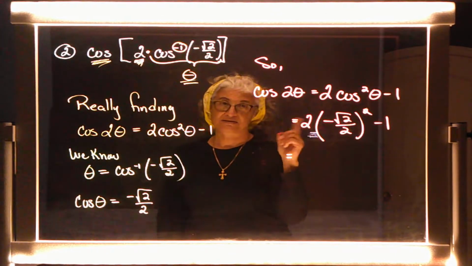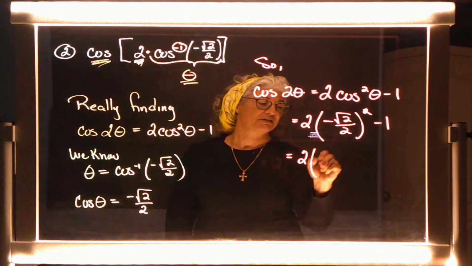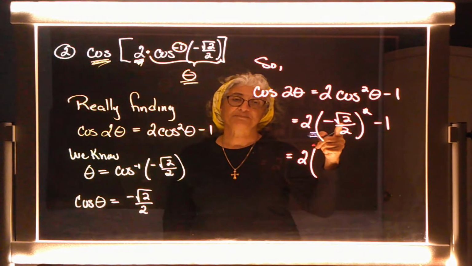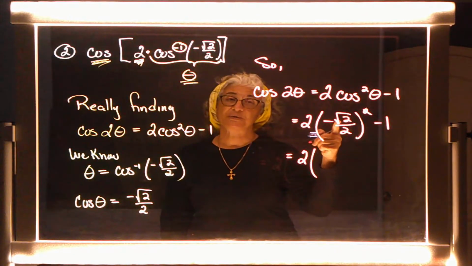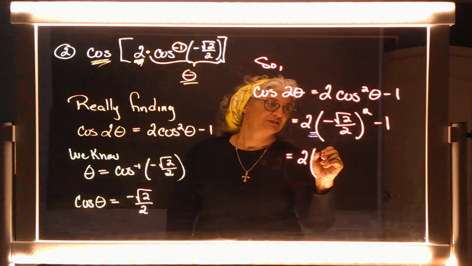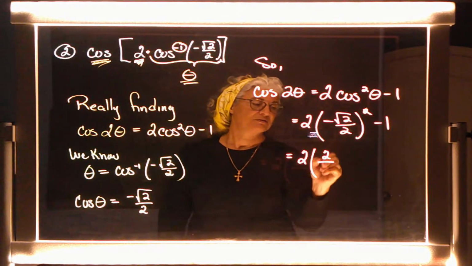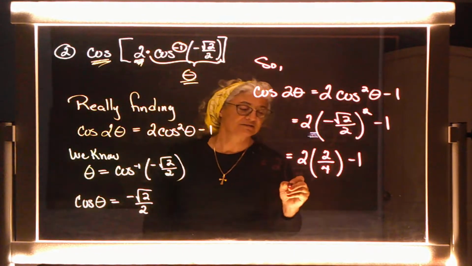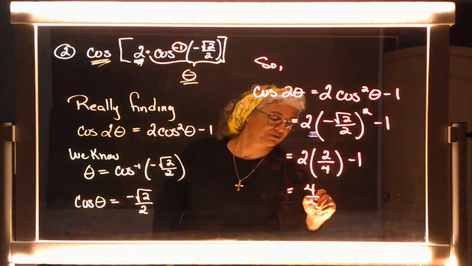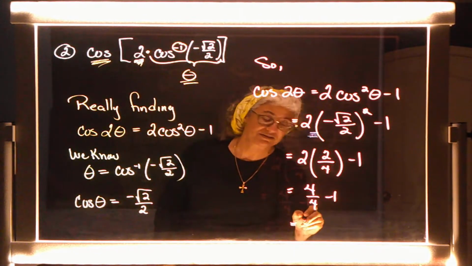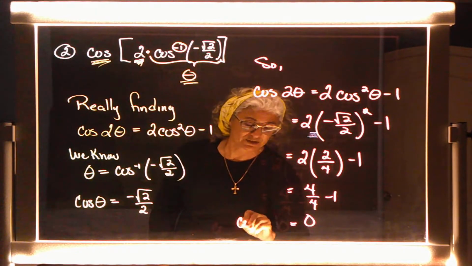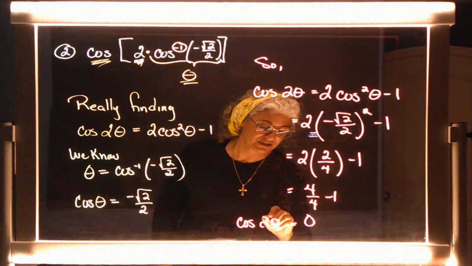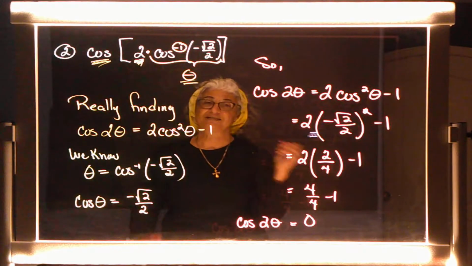Okay, let's get our algebra on here. So this will be a positive number. The square root of 2 squared is? Good, 2. This denominator goes to a 4 minus 1, right? This is 4 over 4 minus 1, which is just 0. So in this particular case, the cosine of 2 theta is equal to 0.